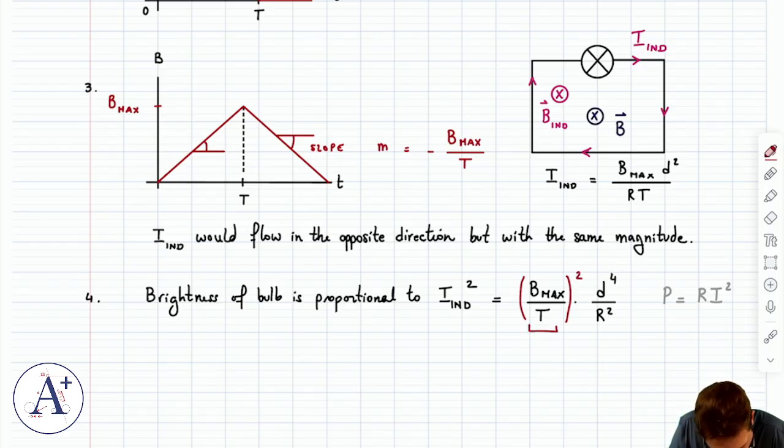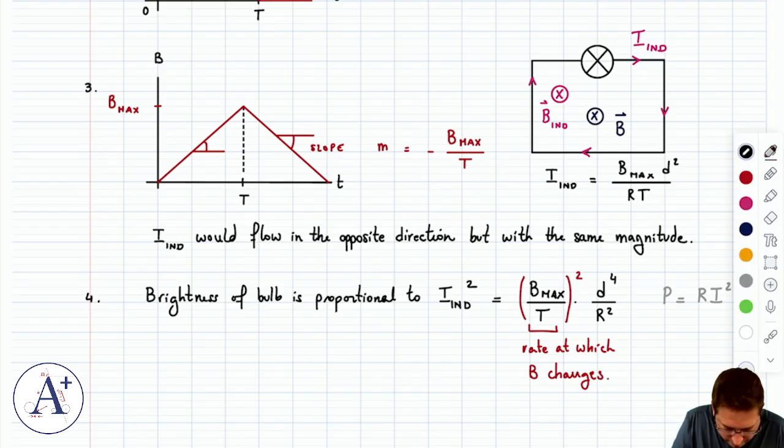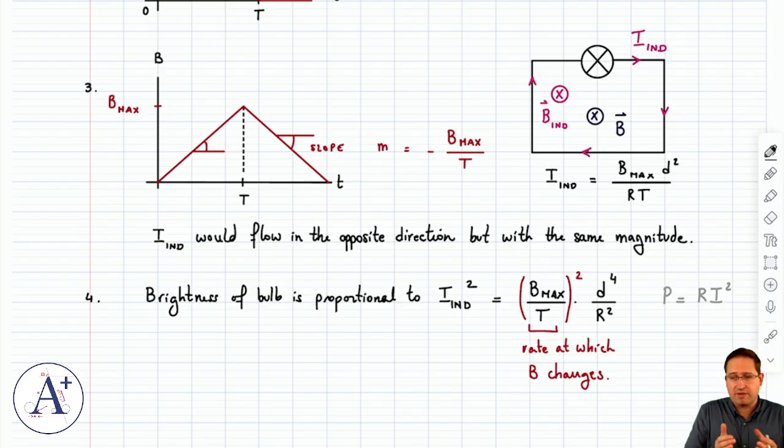Okay, but this here is the rate at which B changes. So what happens is that if I change that rate, it's going to translate to I induced. Now, I don't have to change B linearly.